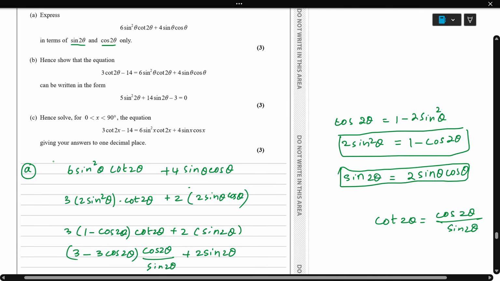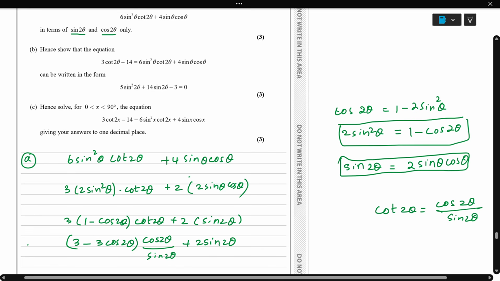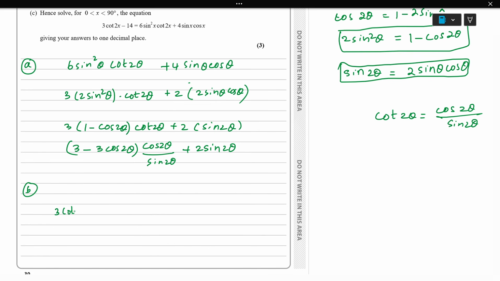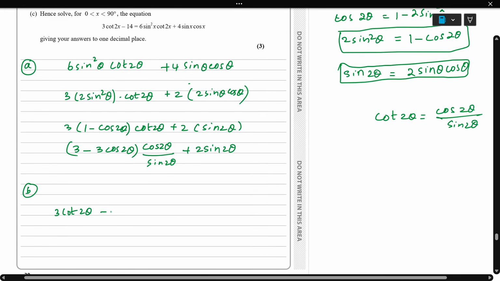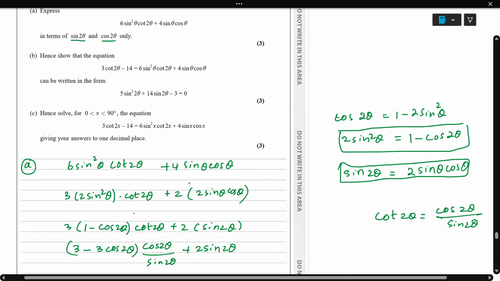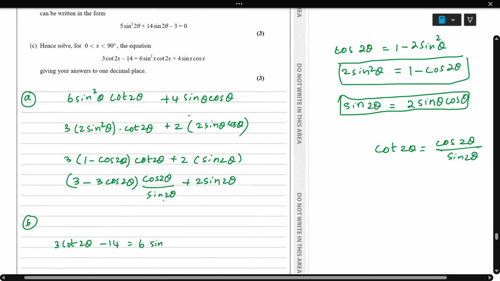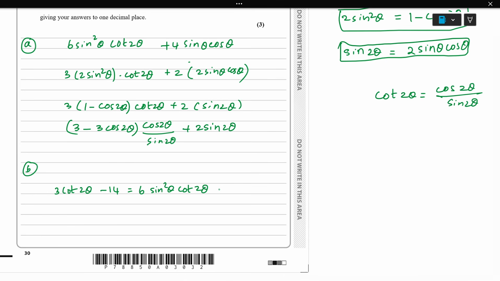Now second part, so using the first part, now part B, we need to show that 3 cot 2 theta minus 14 equal to 6 sin square theta cot 2 theta plus 4 sin theta cos theta.